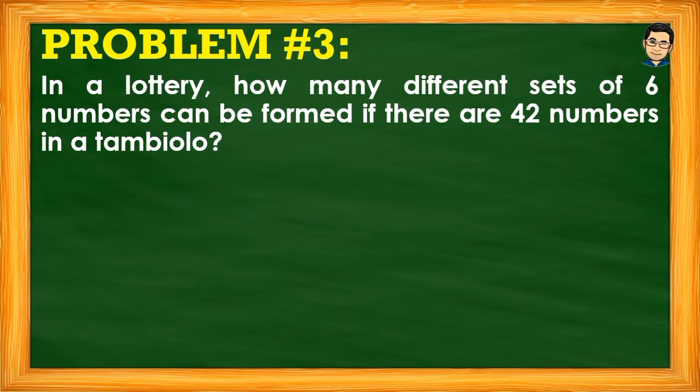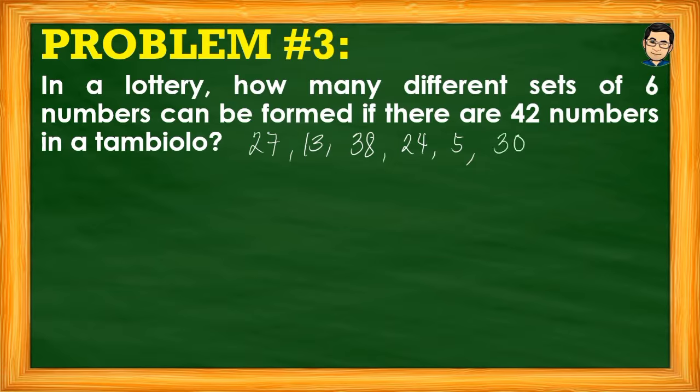Okay, and then, ang tinatanong po niya is ilang mga combinations ang mapo-form kung kada combination meron po tayong 6 na numbers. Like for example, ang lumitaw sa tambiolo, halimbawa 27, 13, 38, 24, 5, tsaka 30.